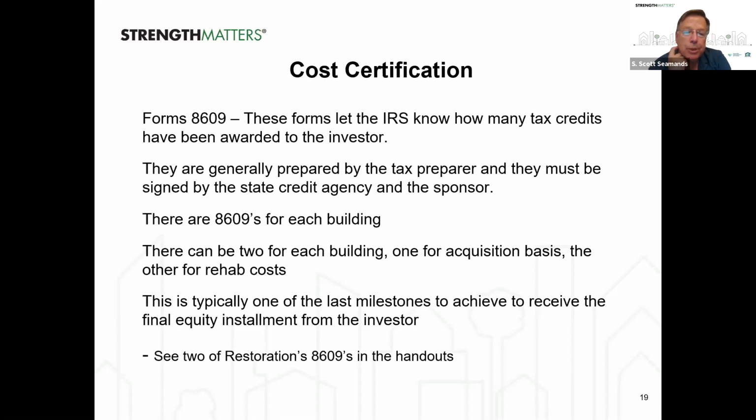Anyway, the final bullet point here on this slide is this 8609 process is typically one of the last milestones to achieve in order to receive your final equity installment from the investor, because usually there's a little piece of the developer fee, maybe the last 25% or so, being held back until 8609s are received, which is the final step in the development process, where the investor says, okay, now you, the developer, have done everything that we expected you to do, and we can release the final chunk of your developer fee.